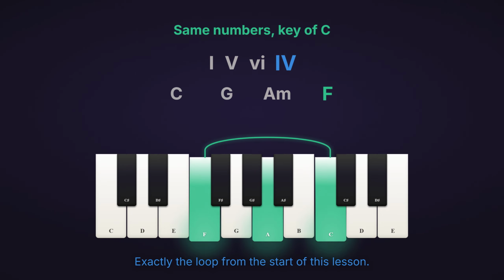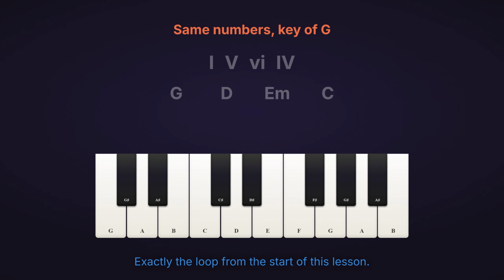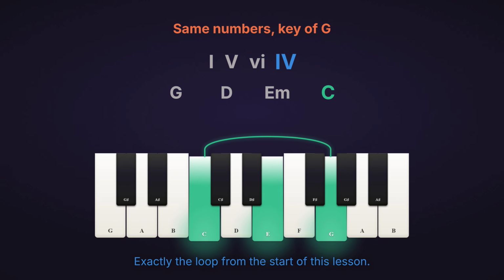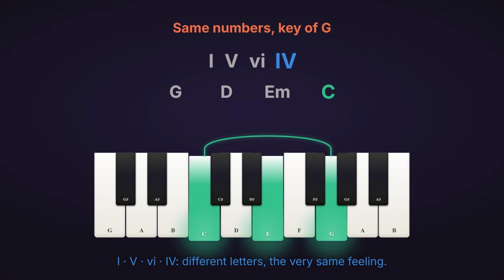But watch what happens when we keep the numbers and change the key. Now jump to G and read the same four numerals there. The 1 is now G, the 5 is D, the 6 is E minor, and the 4 is C. They're different letters entirely, four brand new chord names, yet press play and it lands with the same shape, the same lift, the same arrival, the same feeling as before.